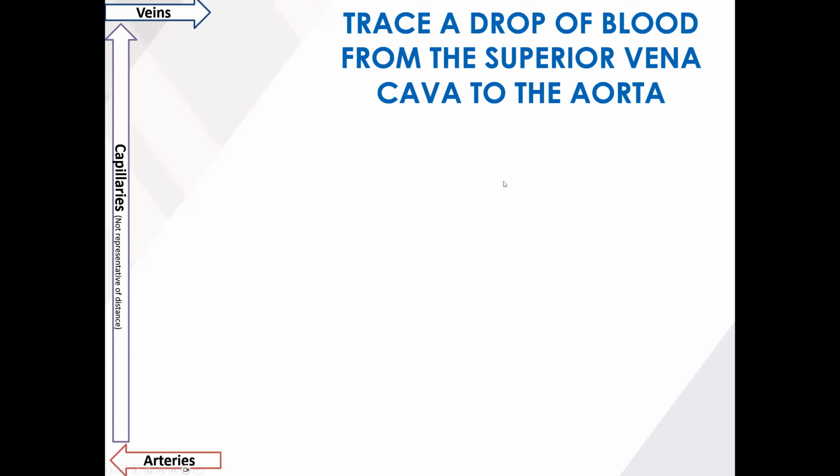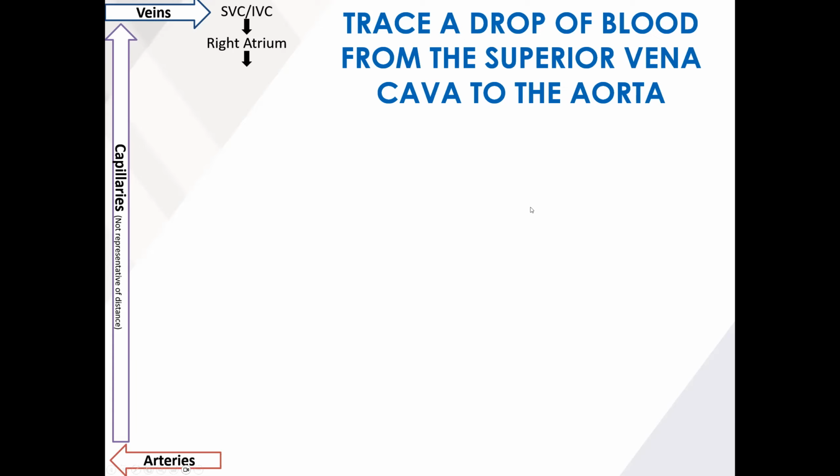All right, let's trace a drop of blood from the superior vena cava to the aorta. So we're going to go from the superior and inferior vena cava into what we just saw, which was the right atrium. And then from the right atrium, where are we headed off to? So from there, we're going to head into the right ventricle.